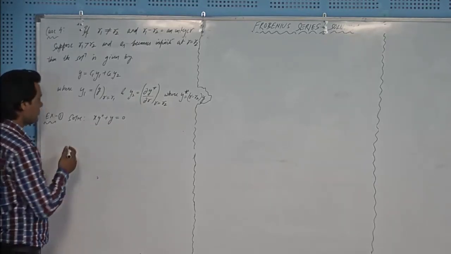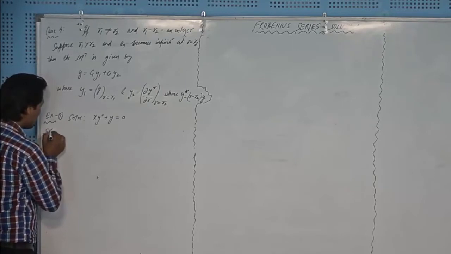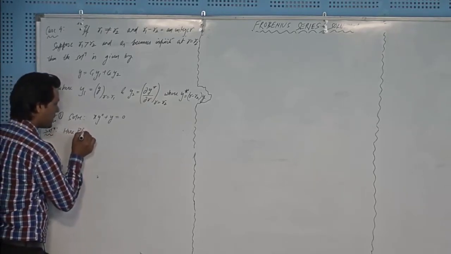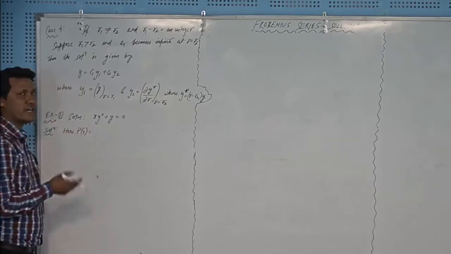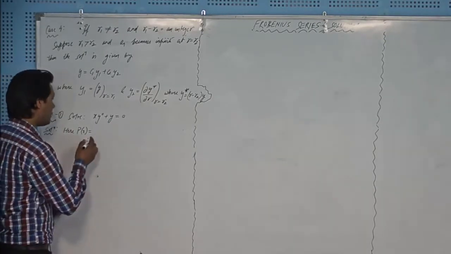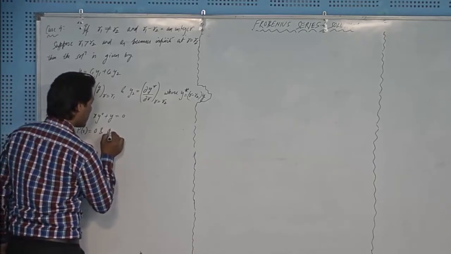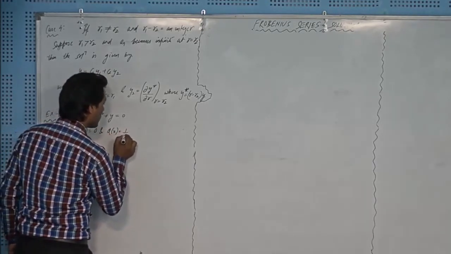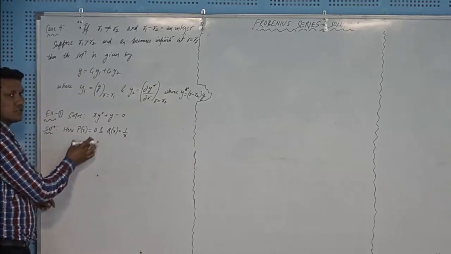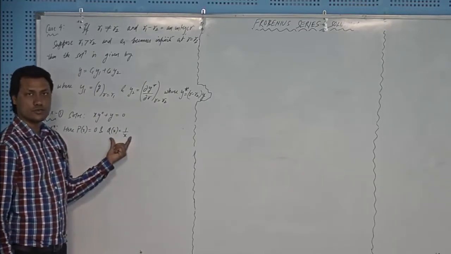So we can see the coefficients p(x) is actually the coefficient of y dash in the standard form. The coefficient of y dash is absent here, so p(x) will be equal to 0, and q(x) will be equal to 1 over x. You can see that p(x), a constant, is an analytic function, but q(x) is not analytic at x equal to 0.